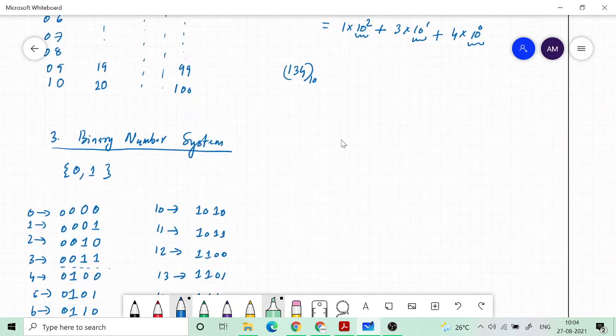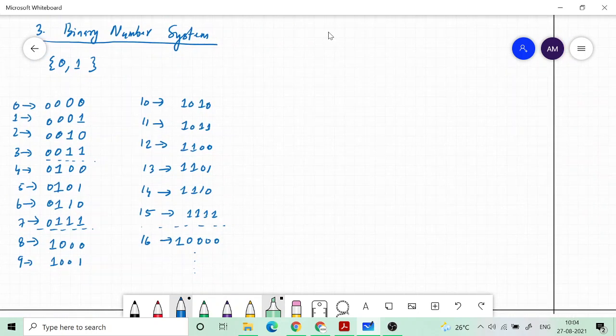But now there are only 2 symbols, so the place values will be in powers of 2. For example, let's take 1101. This is in binary. To explicitly mention that, you can put a base 2.